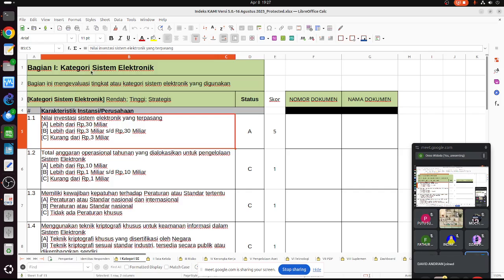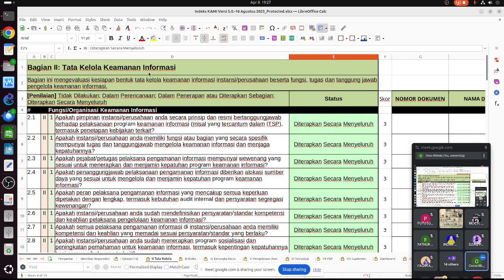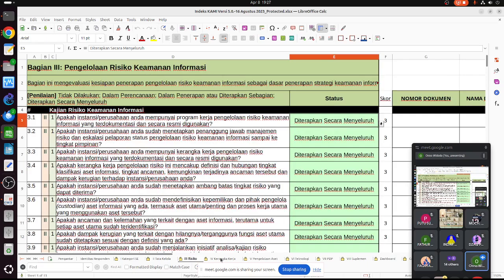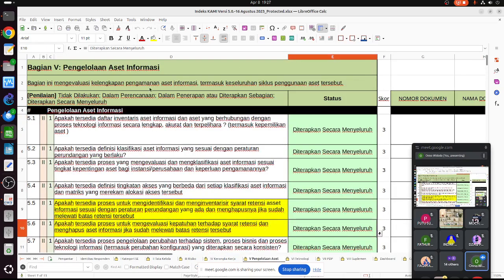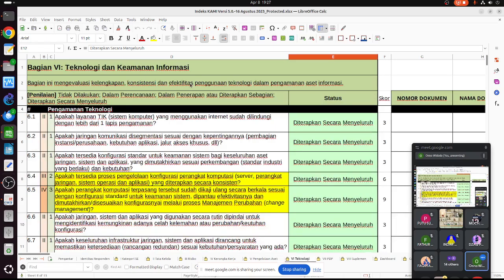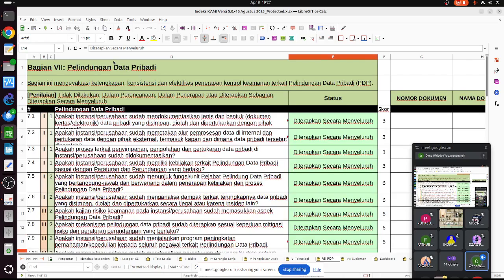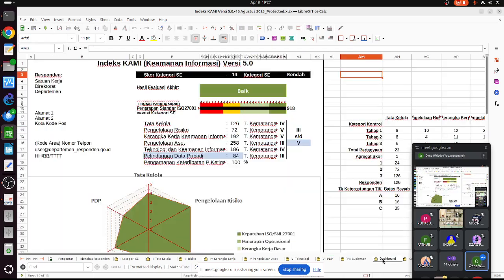This one is the electronic system. We have governance. We have risk management. We have, this is the information security management. Okay, and we have asset management. We have technology. We have data privacy. We have other things.